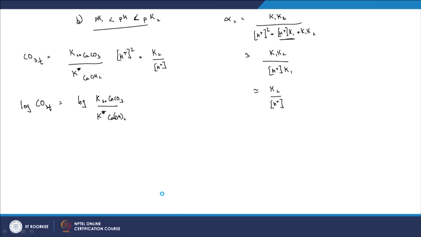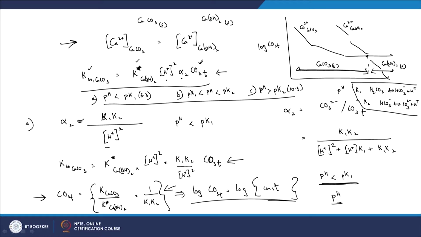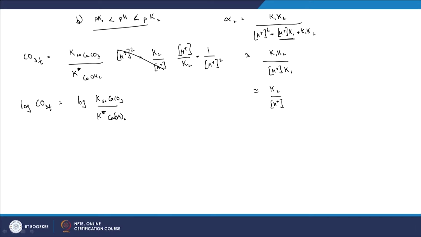It would have been [H+] by K2 into 1 by [H+]², because I am bringing this term to the left hand side, so that is going to be [H+] by K2 into 1 by [H+]². So that is going to be equal to 1 by K2.